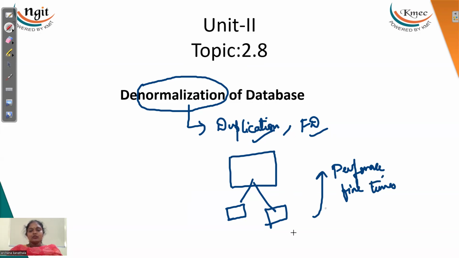We need to bring back certain attributes or features, duplicated in the existing tables, instead of performing multiple join operations to retrieve the data.